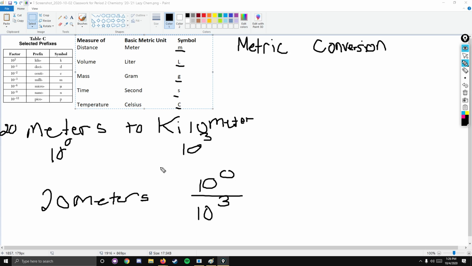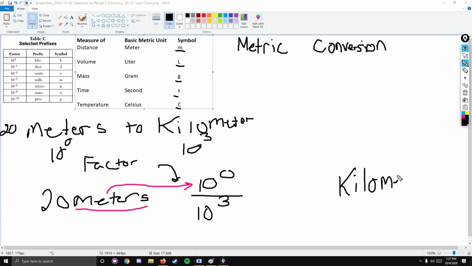When you're doing metric conversions, the number on the top is always the factor that you're converting from. So meters are always going to be on top since we're starting with meters, and we're trying to go to kilometers, and kilometers are going to be on the bottom.